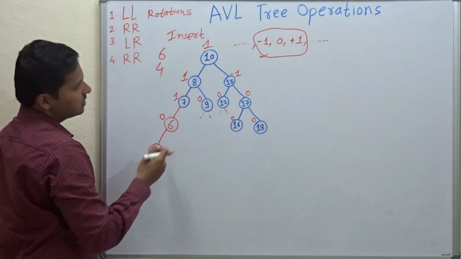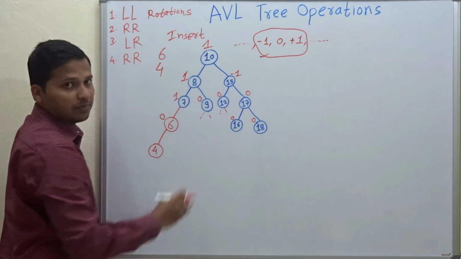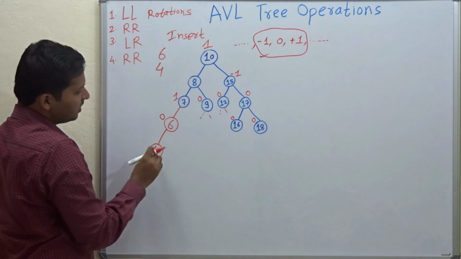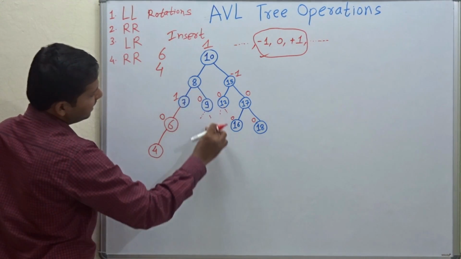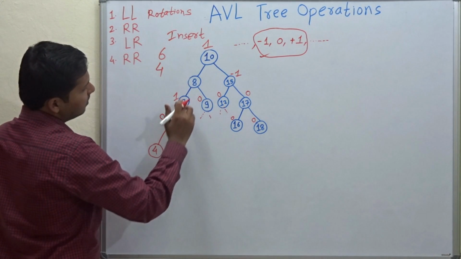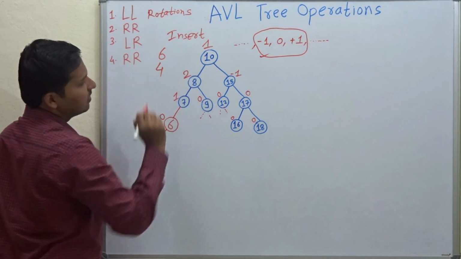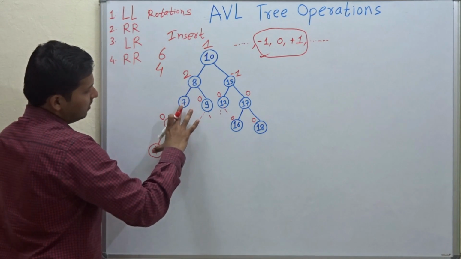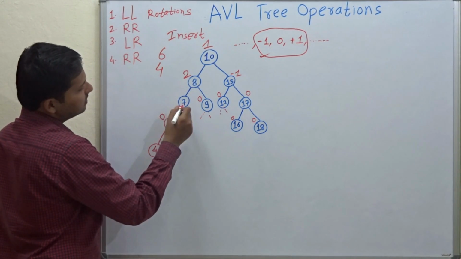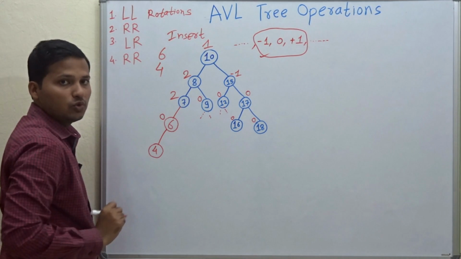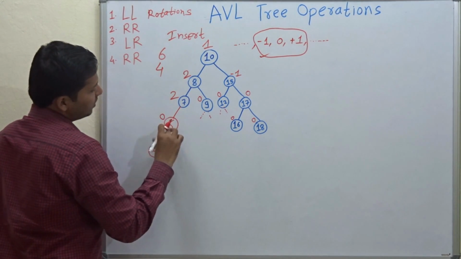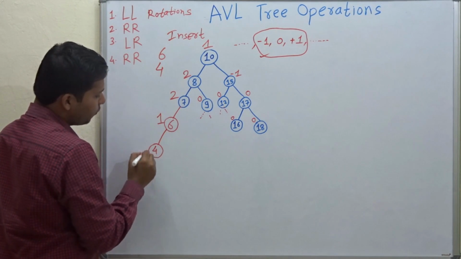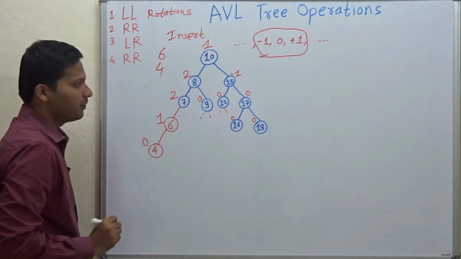Height of left subtree minus height of right subtree. Then for 8 the left subtree height is 3 and the right subtree height is 1. So 3 minus 1, that is 2. Then for 7, 2 minus 0, so that is 2. And for 6 that is 1 minus 0, so that is 1. And for 4 it is 0 minus 0, so 0.